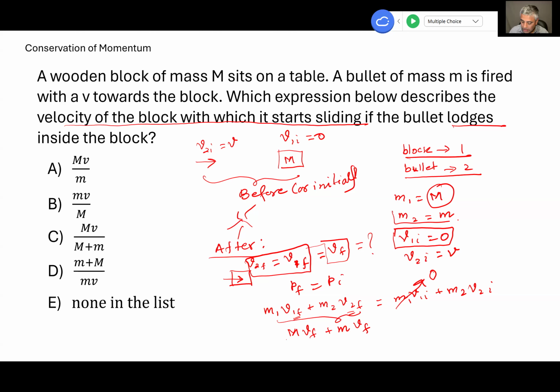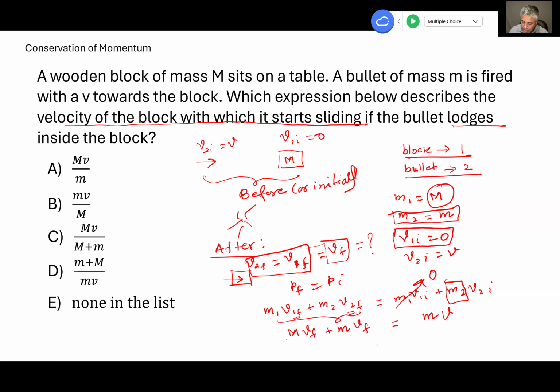M2 is lowercase m. And on this side, M2 is lowercase m. And then V2I is just V.